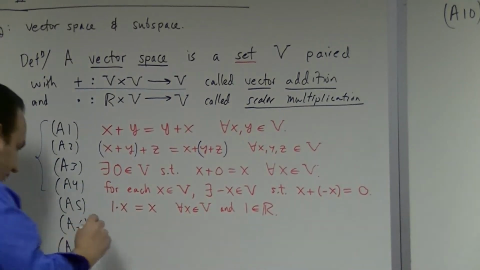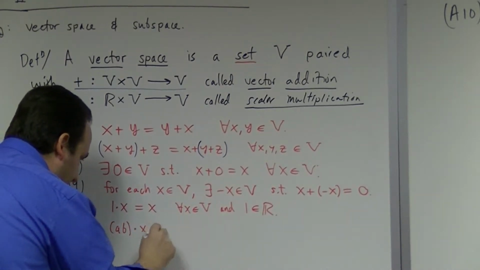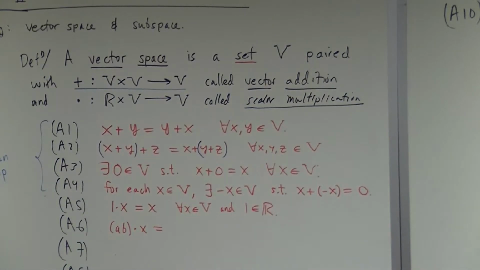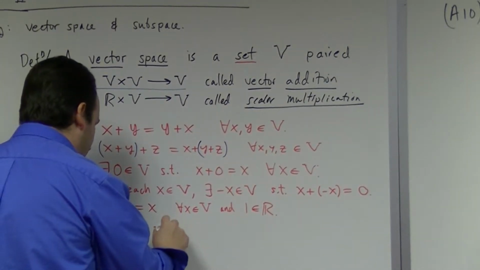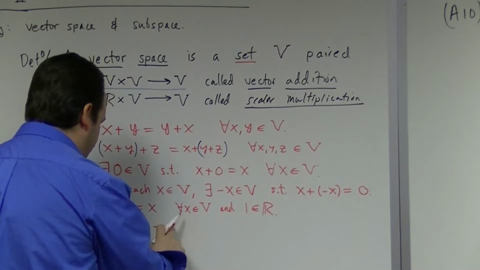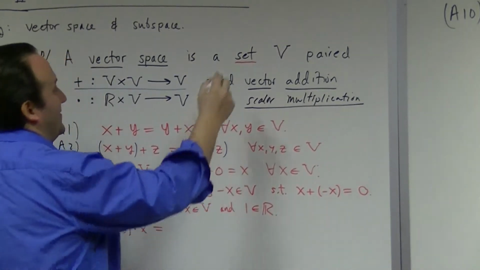More than that, if I have scalar multiple ab times x, what should that also be equal to? ABX. I agree, but that's really notation.